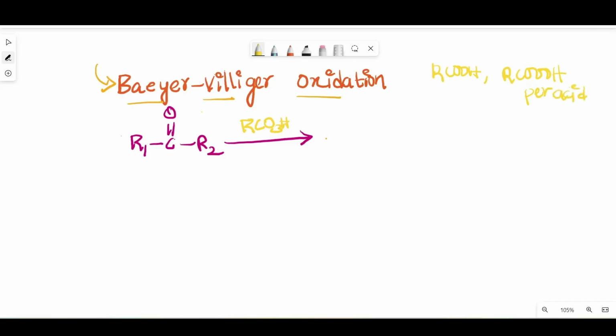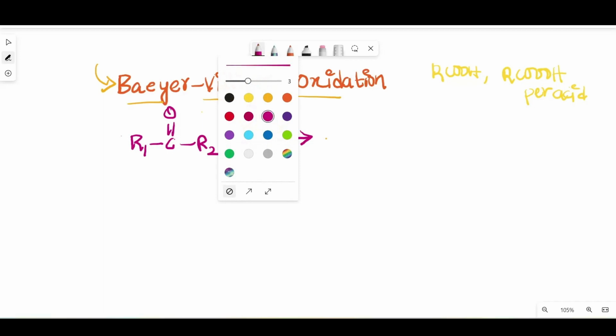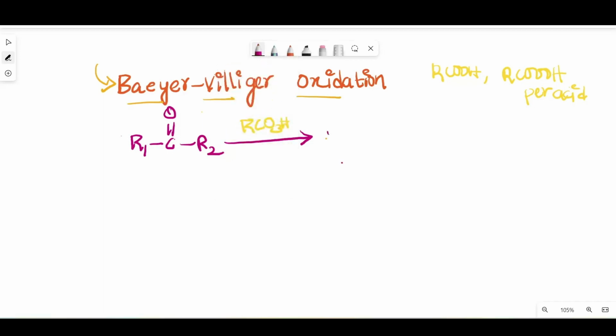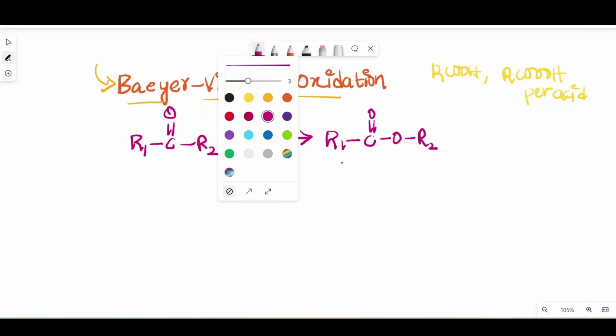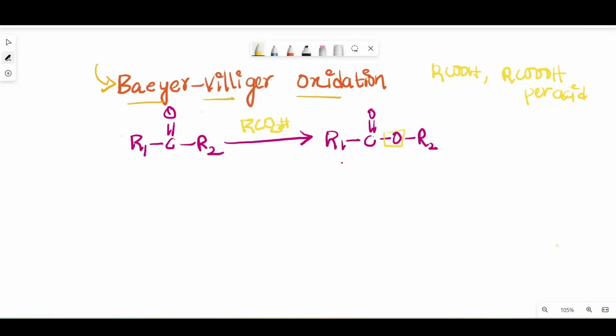And let's see the example. Here R1C=O R2. Here you may get the doubt: why do you add this, why do you insert this oxygen here only? I am considering that R2 is more electron rich than R1.